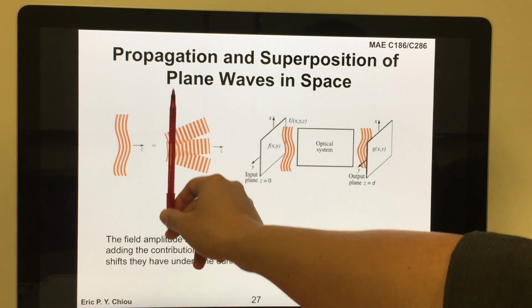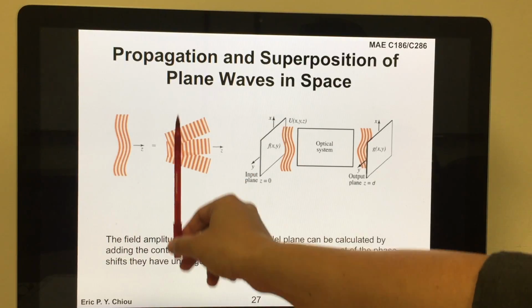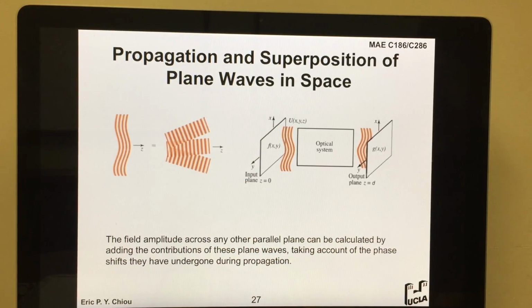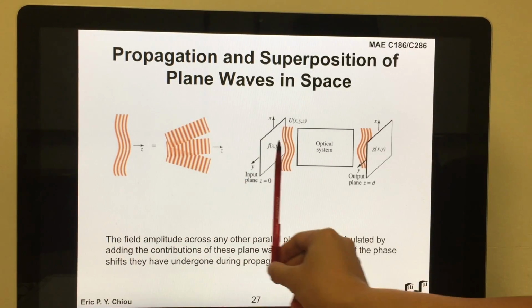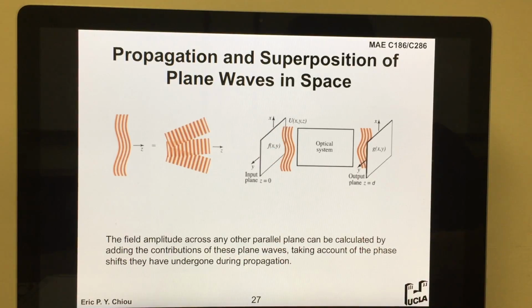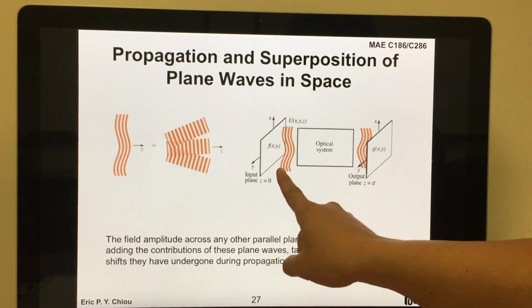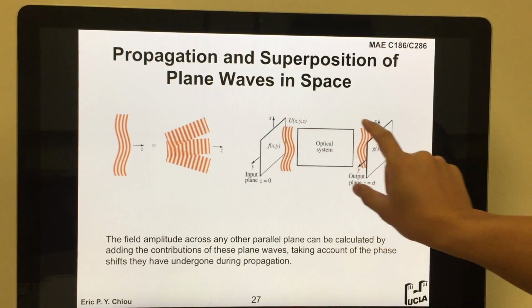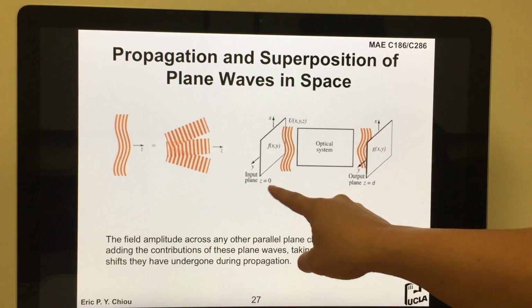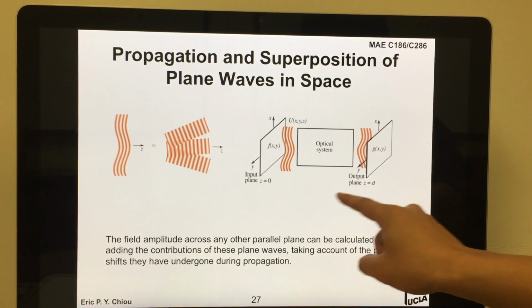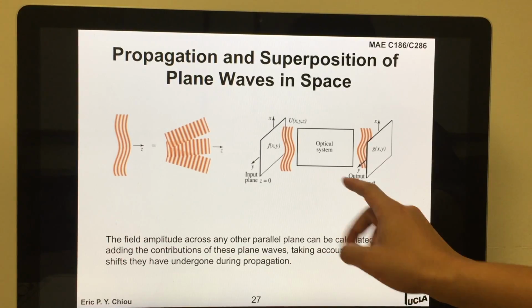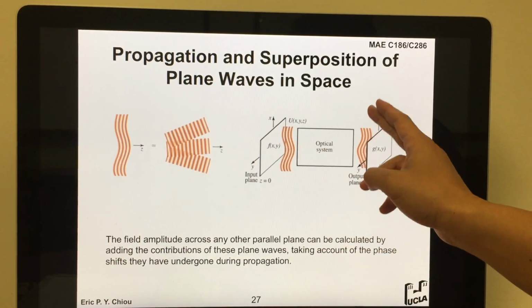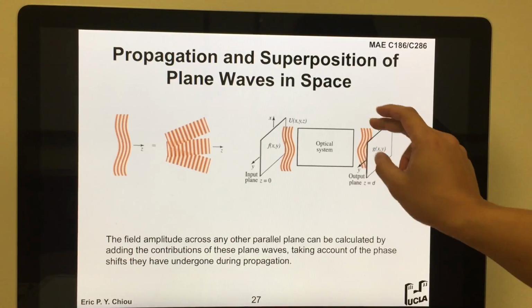So you have this kind of main function that decouples them. Every plane wave propagates in different directions. When they propagate through a space, let's say a distance z equal to d here, different plane waves go through different kinds of phase change.